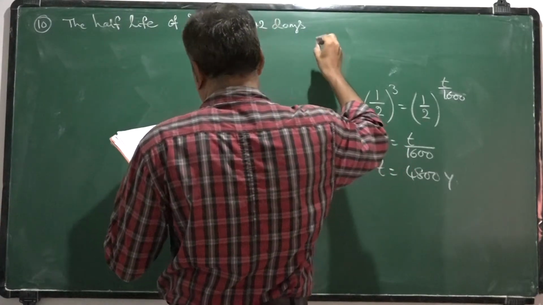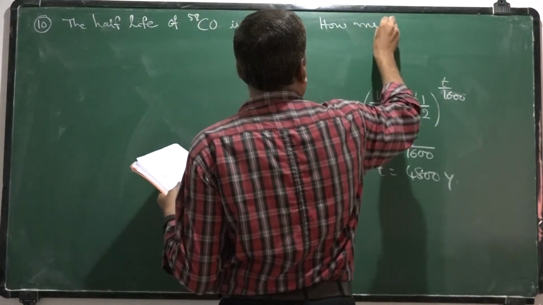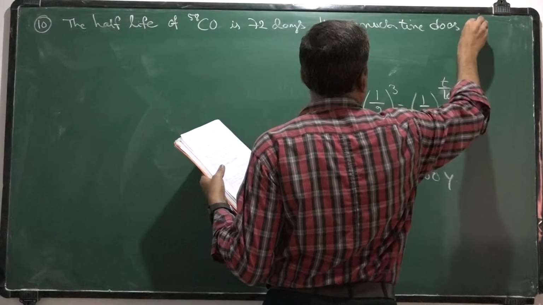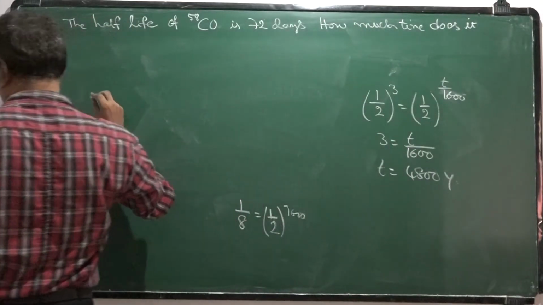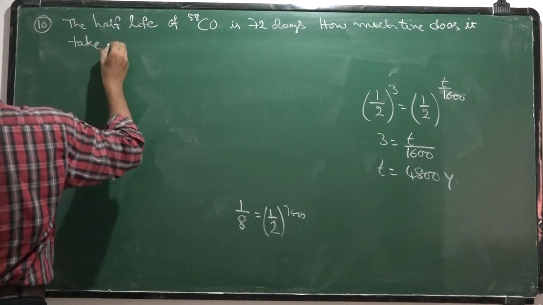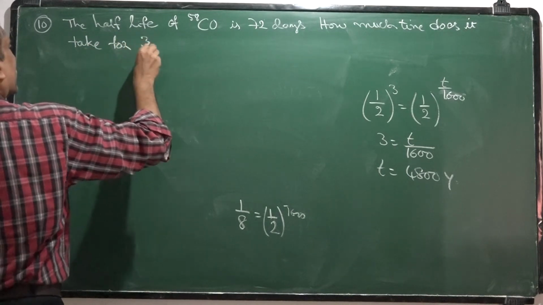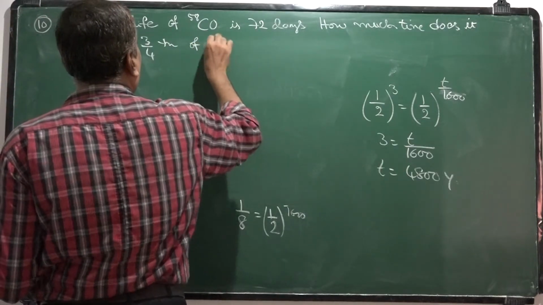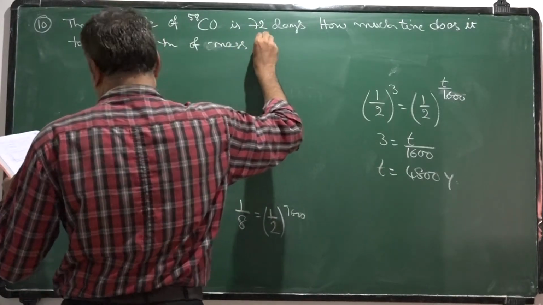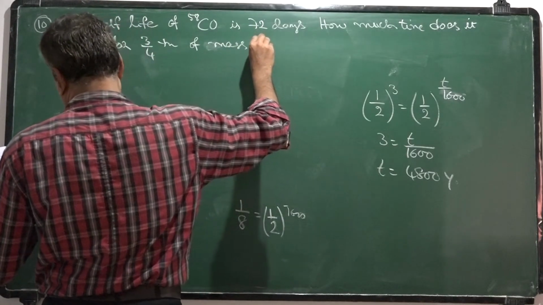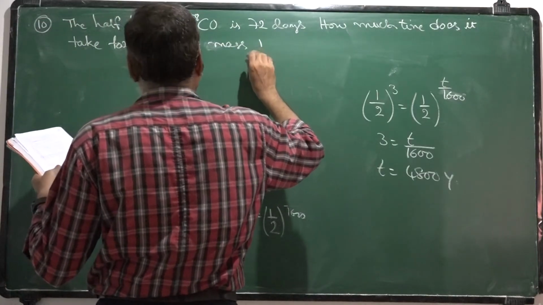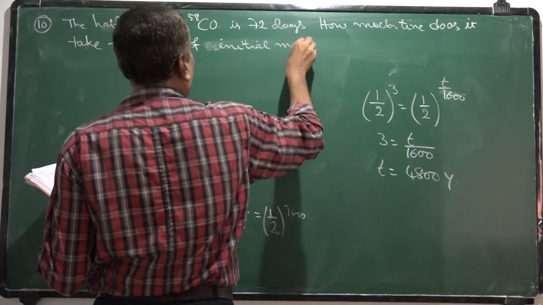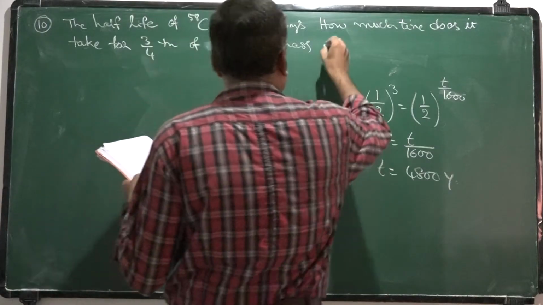How much time does it take for 3/4 of initial mass to disintegrate?